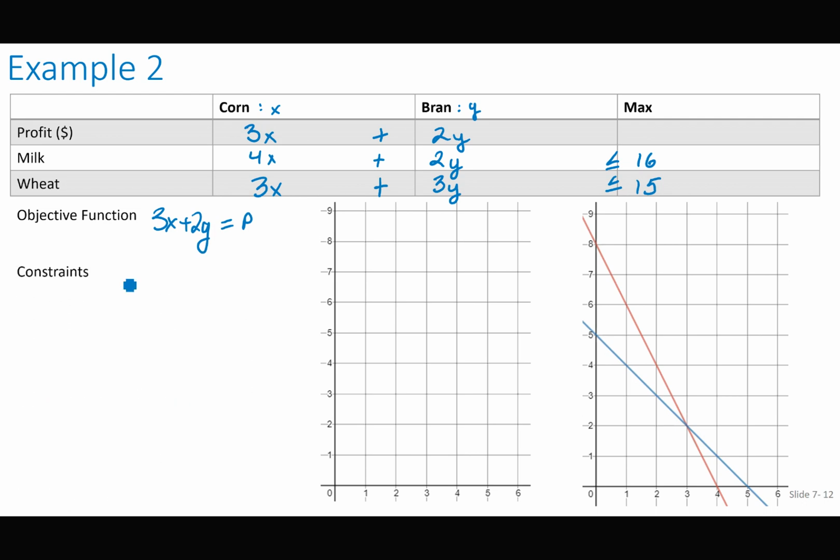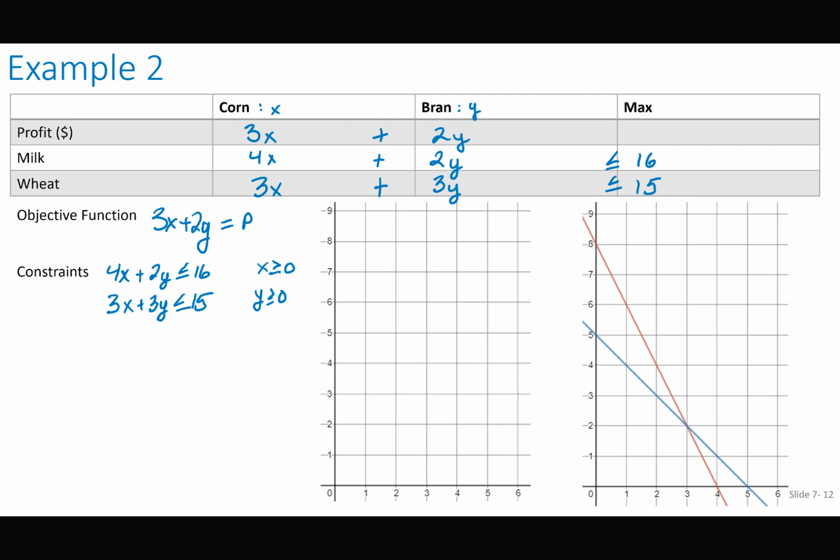Our constraints are 4x plus 2y is less than or equal to 16. 3x plus 3y is less than or equal to 15. Corn and bran, they're physical objects. We can't have any negatives. So we're going to say x has to be greater than or equal to 0, and y also has to be greater than or equal to 0.